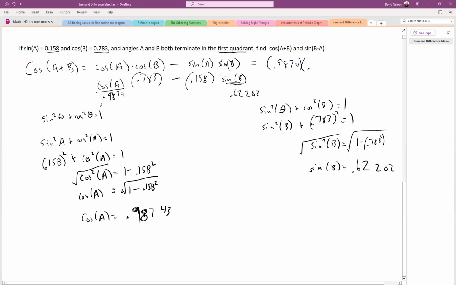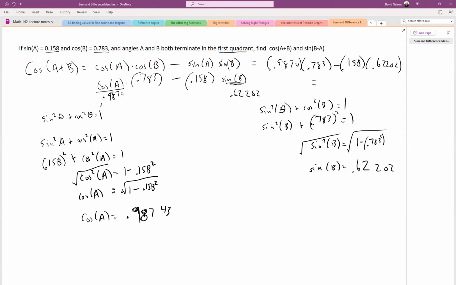So the cosine of A plus B here is going to be 0.9874 multiplied by 0.783 minus 0.158 multiplied by 0.622202. And we can just crunch the numbers on that. Although I'm having a feeling that I might have, no, maybe that's right. Let me double check my calculation on the cosine of A: 0.158 squared, and then take the square root.